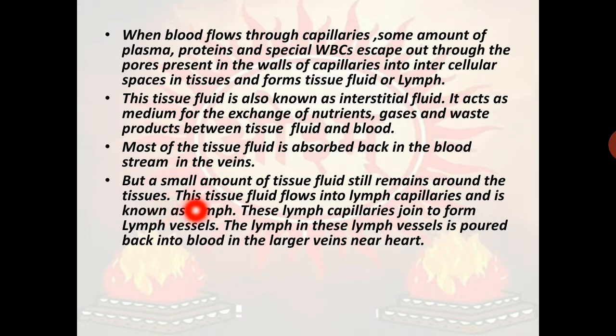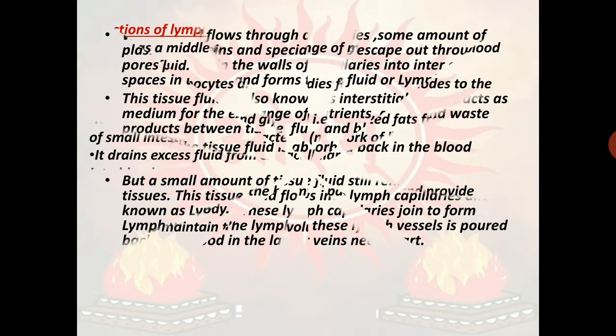This tissue fluid flows into lymph capillaries and is known as lymph. These lymph capillaries join to form lymph vessels. The lymph in these vessels is poured back into the larger veins near the heart. So this is how lymph is produced and formed in the human body.